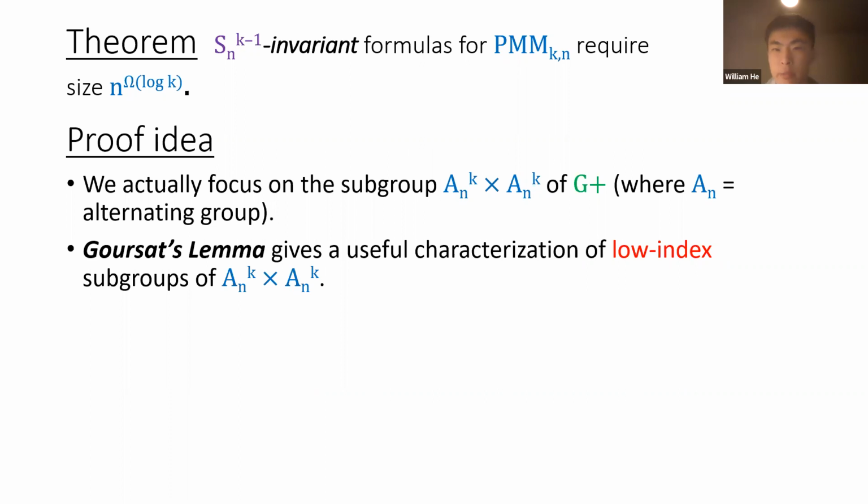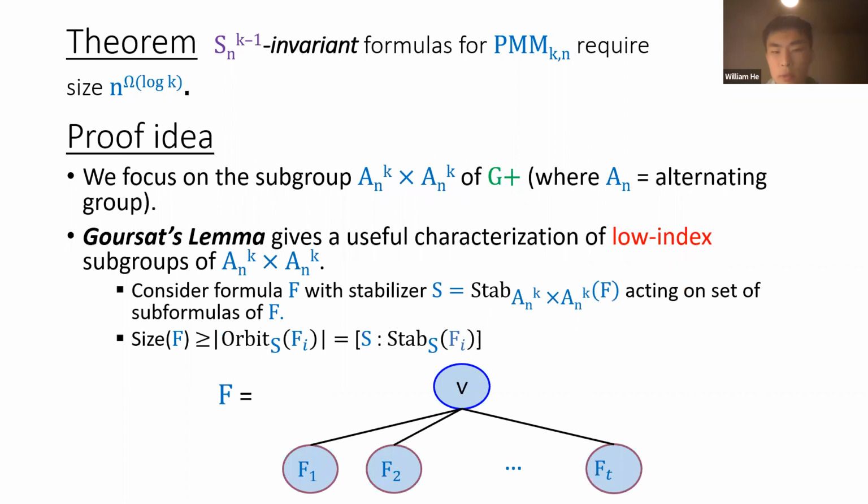So to use the orbit stabilizer theorem, we need some kind of group acting on a set. And to construct this group action, we'll consider some formula F, and we'll let S be its A_n^k times A_n^k stabilizer. Then we'll let S act on the set of subformulas of F. Because F is stabilized by S, it's invariant under S, this will induce a well-defined permutation action on the subformulas.